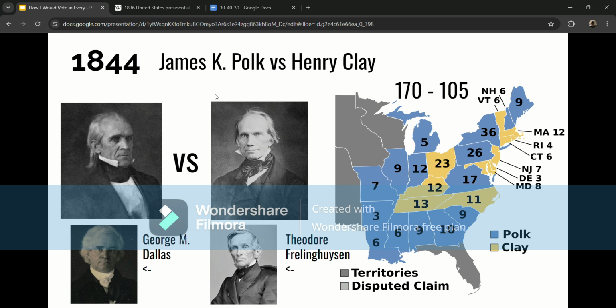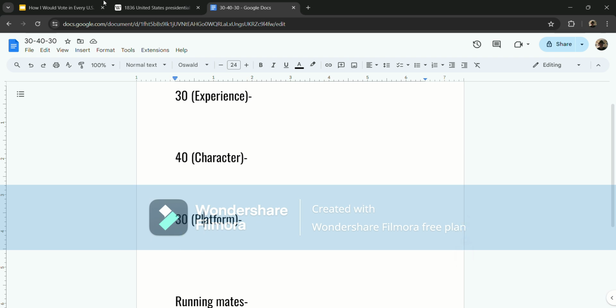So this election is interesting. This is actually in my top 5 hardest elections for me to decide on a candidate I would want to vote for. This one is very tricky for me because on one hand, both of them are extremely appealing in one way or another. Henry Clay for his experience, obviously. He wins the experience on the 30-40-30 hands down.